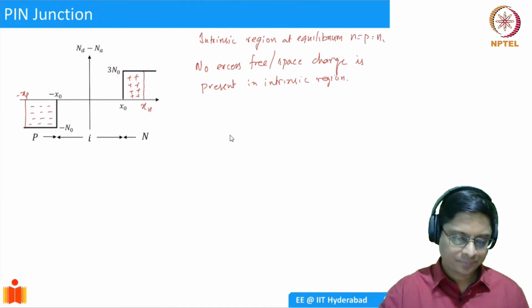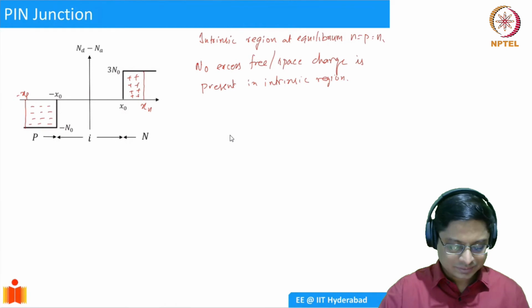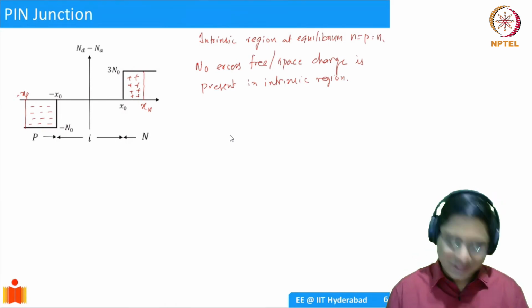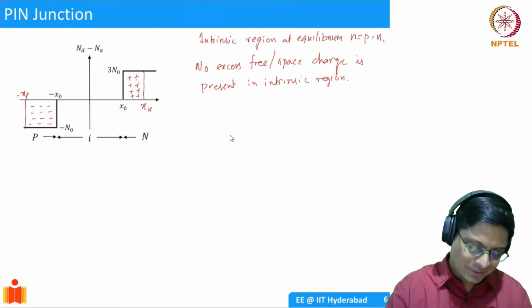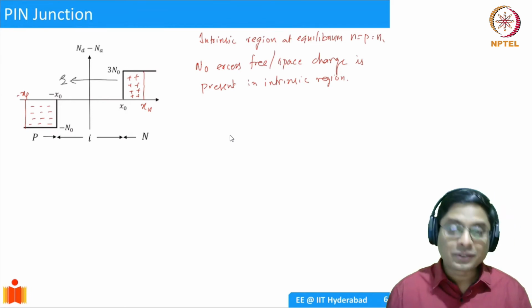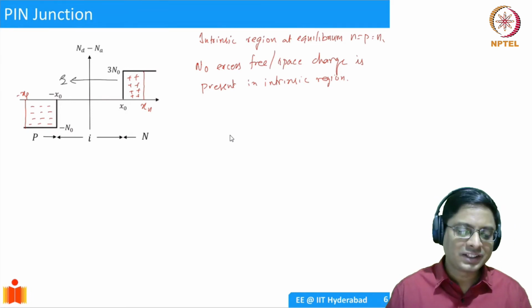So what happens after this? The same story repeats. Now, of course, you're going to have an electric field all across this. So what is the functional form of the electric field in the intrinsic region?